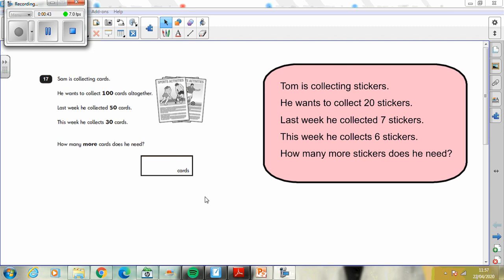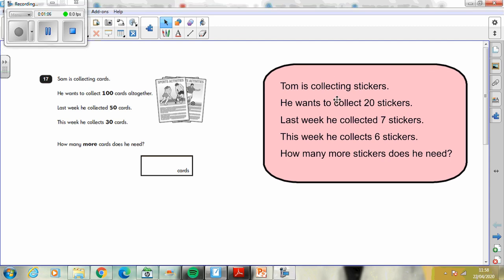Sam collecting cards. What I've done to show you in very simple terms how to break this down is I've then created my own problem, the pink one, about Tom collecting stickers. So the first thing that you need to do is to ascertain what information you have already.